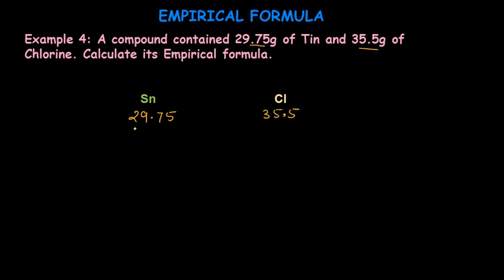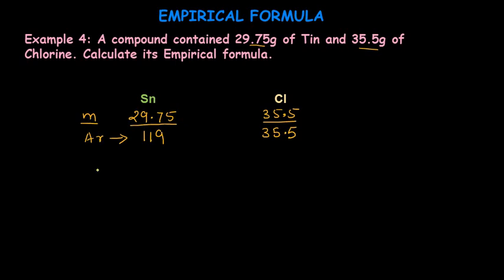35.5 gram. And now we are going to divide it by its relative atomic mass, which is 119 for tin and for chlorine it is 35.5. So the first step is to divide by its relative atomic mass. And now as we can see, what we have done is divided the mass by relative atomic mass.